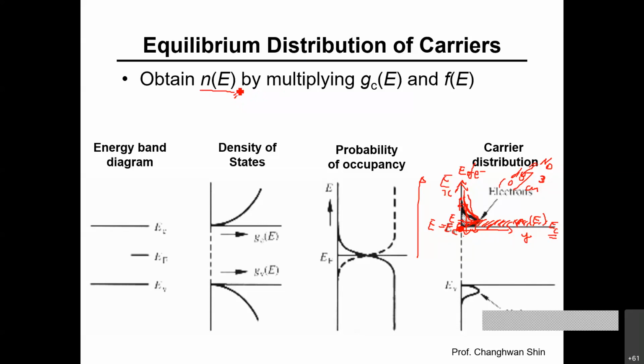How to obtain N of E, the electron concentration as a function of energy, by multiplying G sub C of E and F of E. So what was this Fermi function? And what was this density of states? So last week I brought an analogy for how to understand how electrons in conduction bands are distributed. What was this?